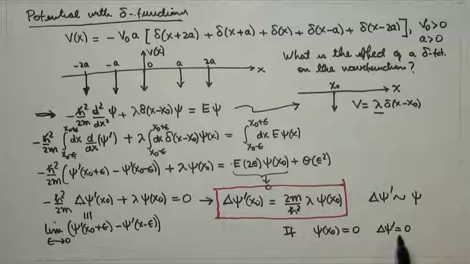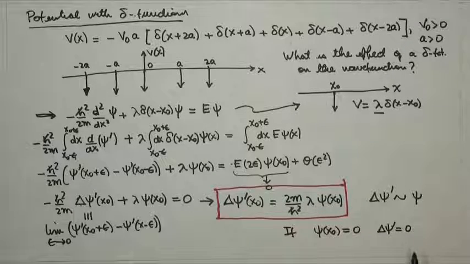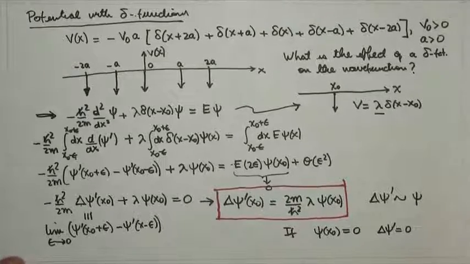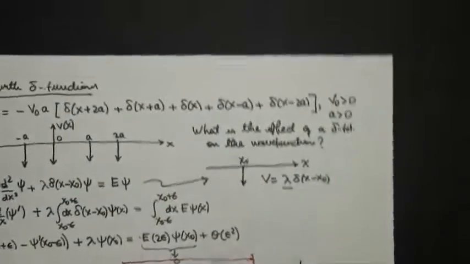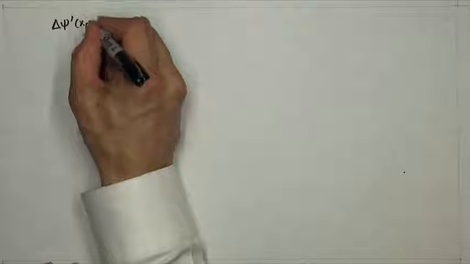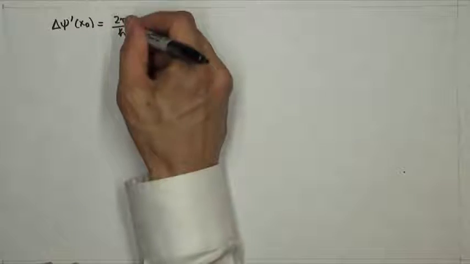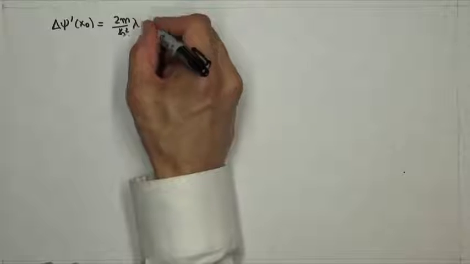The wave function and the derivative of the wave function are continuous. Well, let's get a little more intuition about the sign. So I'm going to move to another page and let me write this key equation again. Delta psi prime at x0 is equal to 2m over h squared lambda psi of x0.